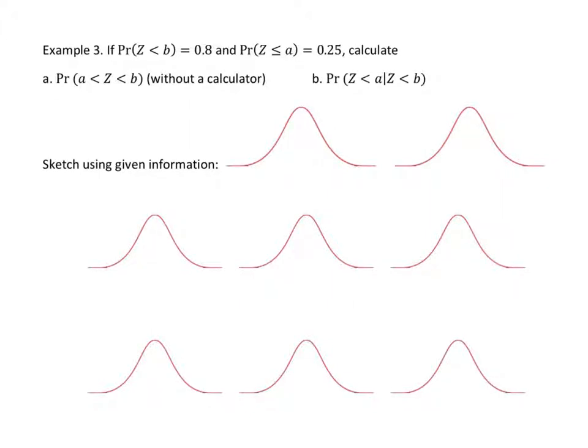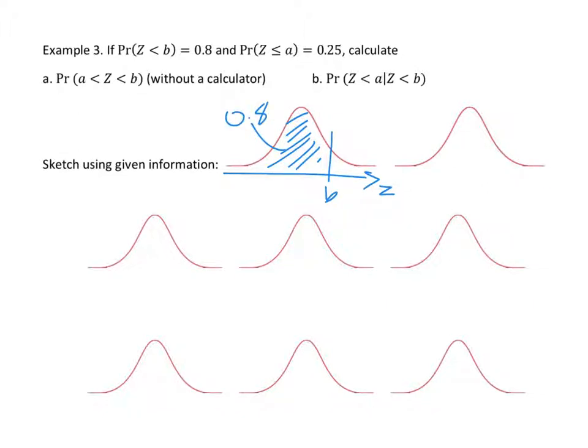Here we've got a classic set of problems where you're given some probabilities and you can do the first one without a calculator. So what we do is we actually draw in what we're given first. If we have z is less than b is 0.8, we know that b is somewhere on the right hand side. So I can put a z value here and a b about there, and I know that this shaded area is 0.8.